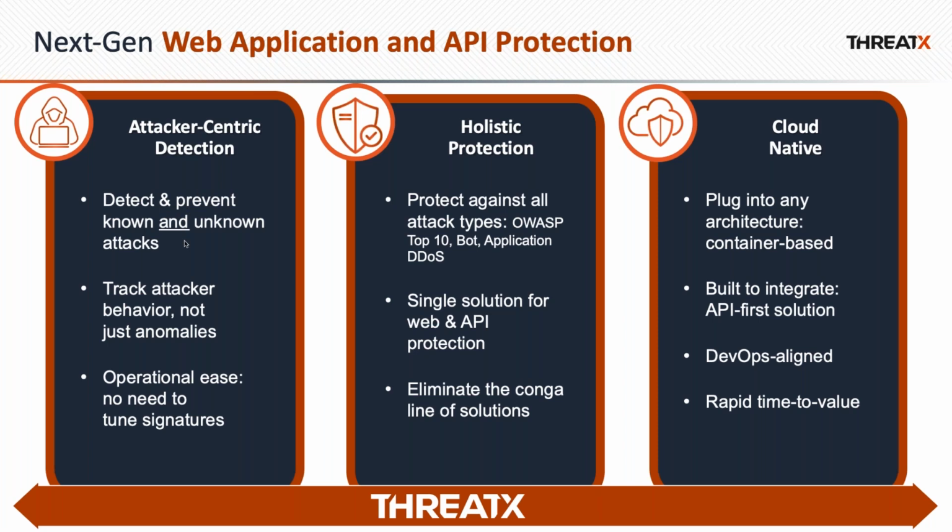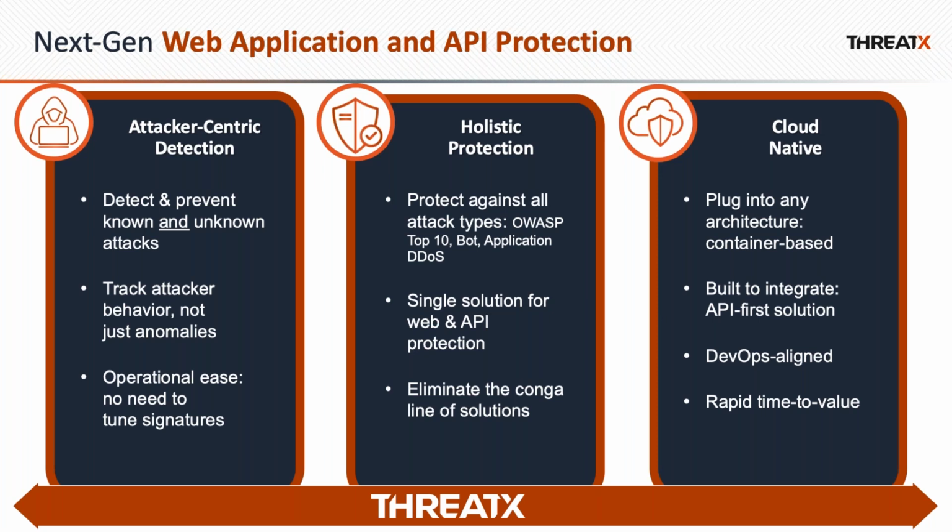So being able to detect and prevent both known and unknown attacks, being able to look at combinations of behavior and block traffic that hasn't been seen before, things that are potentially trying to exploit a zero-day vulnerability.